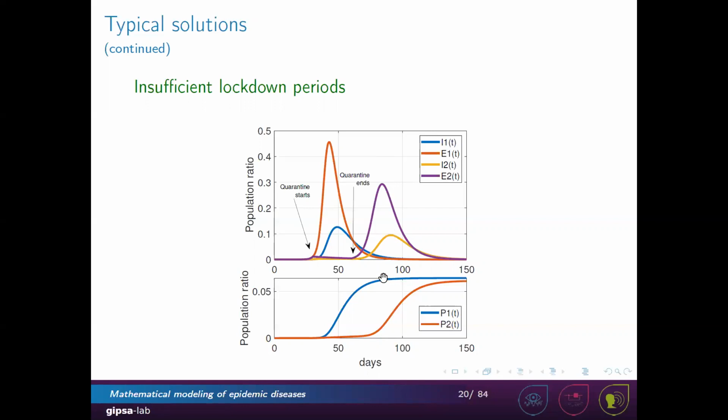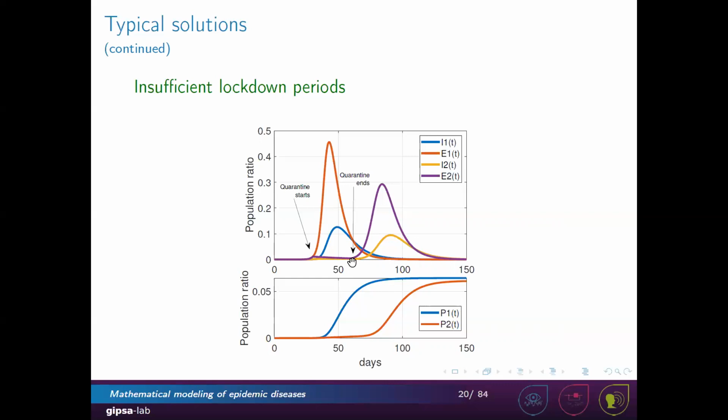But if we look at it in the long term, for instance, after 5 months, it has no effect on the total number of people who have passed away. The reason is that after 60 days, there is still a fraction of the population who is exposed and infected.